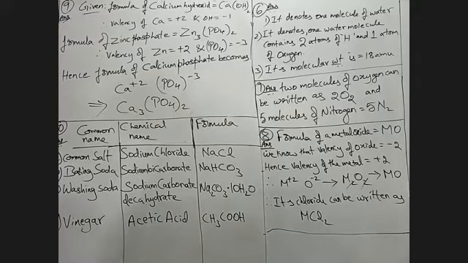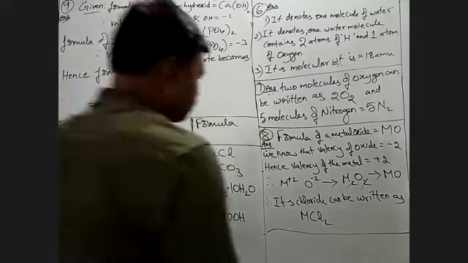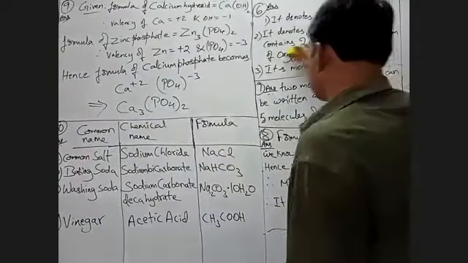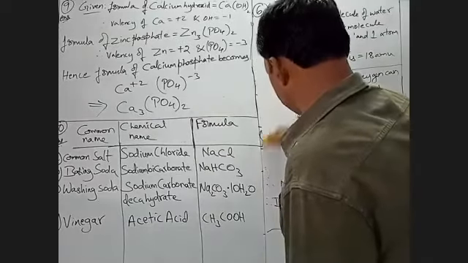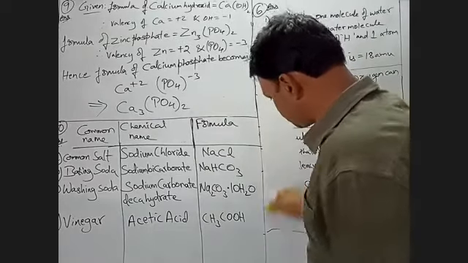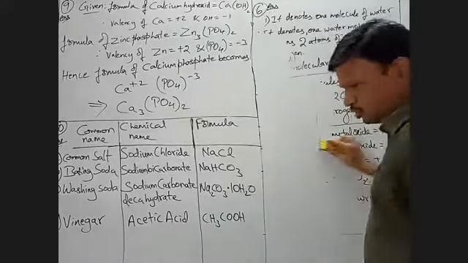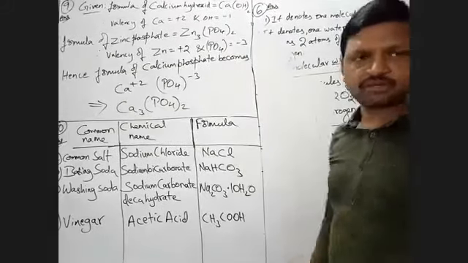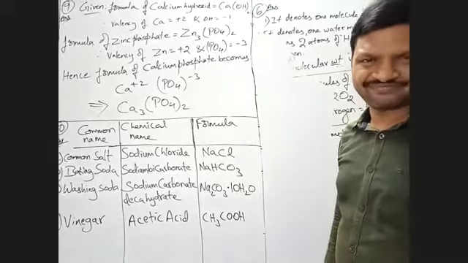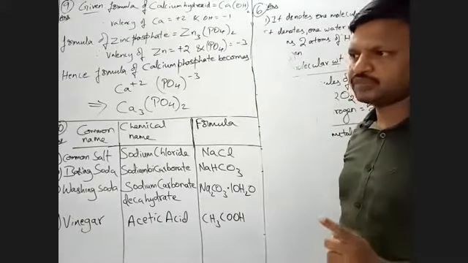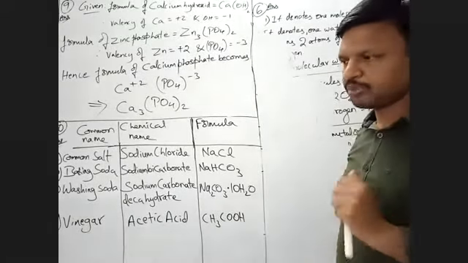That is the 11th one, question number 11. By the way, one small piece of information for you: you are going to have an objective test this weekend on the chapter Matter Around Us Pure. So prepare well.